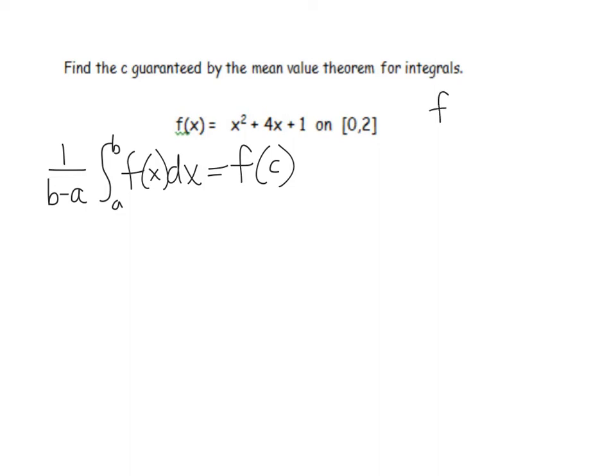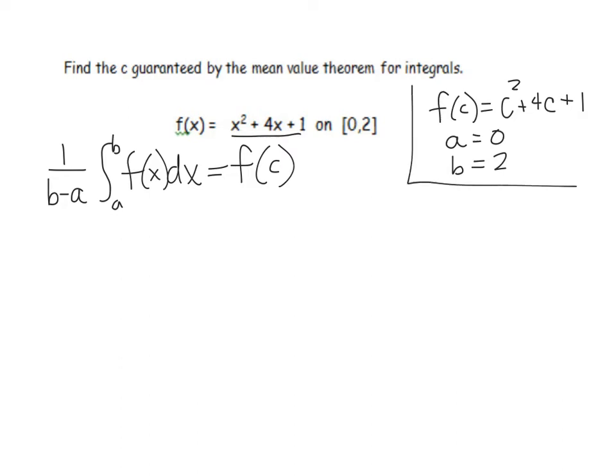So let's just say f of c is going to be, in this case, c squared plus 4c plus 1. Okay, we know that a is 0 and b is 2. And then our f of x is this function that's written here. So over here I've written that f of c and some of the given information. Now over here I'm going to do this side.